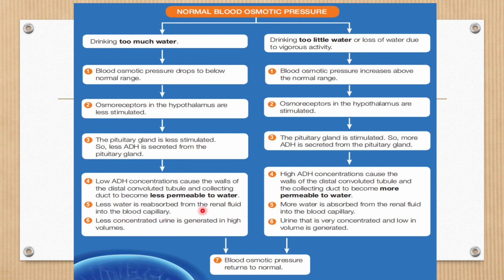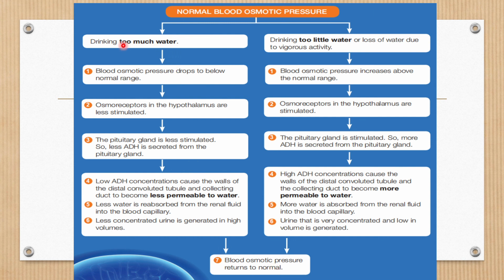Less water reabsorbed because we are drinking too much, so less will be absorbed. So then less concentrated urine is generated in high volumes. Therefore, blood osmotic pressure returns to normal. Do you get the point?